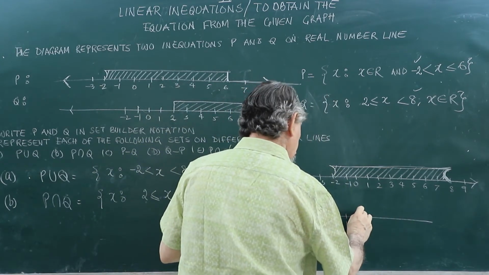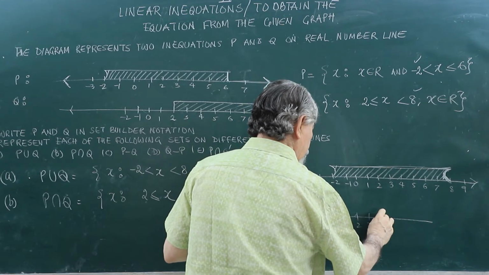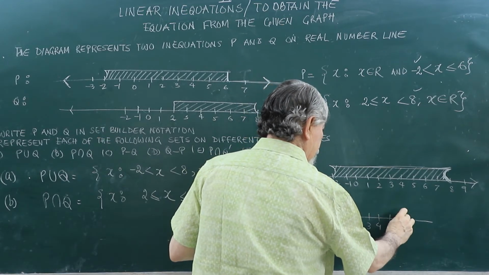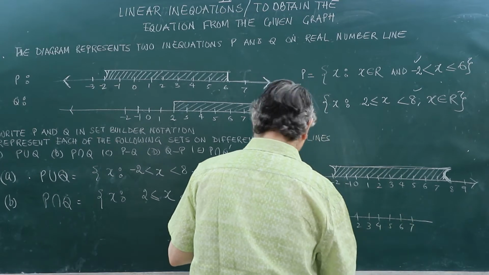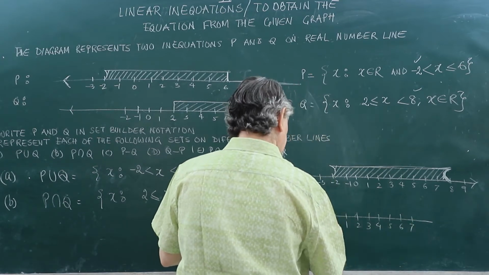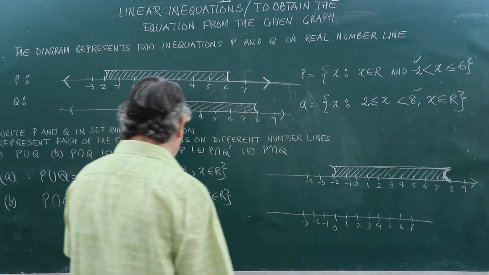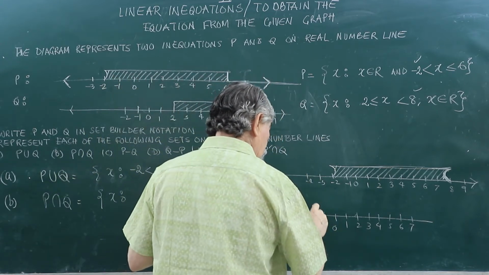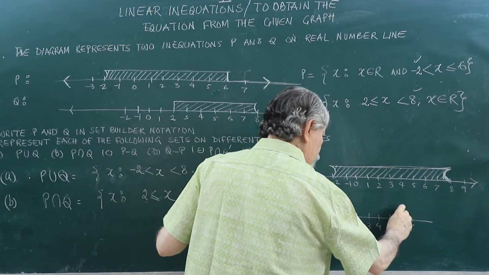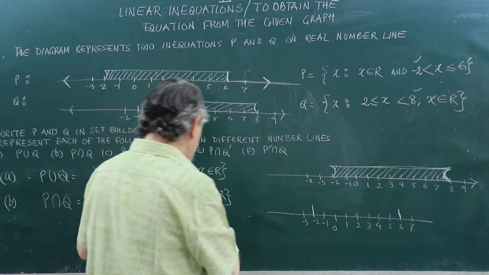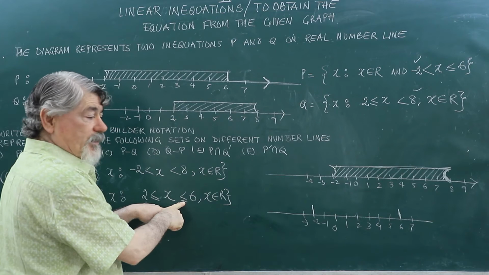0, 1, 2, 3, 4, 5, 6, 7, and -1, -2, -3. It says greater than or equal to -2 and less than or equal to 6. The equal sign is there. The equal sign is also there.